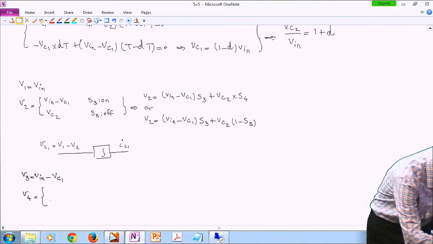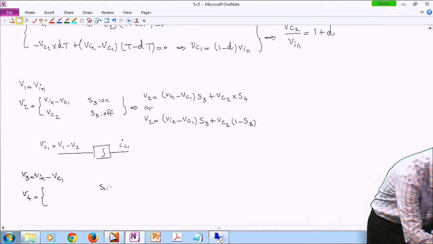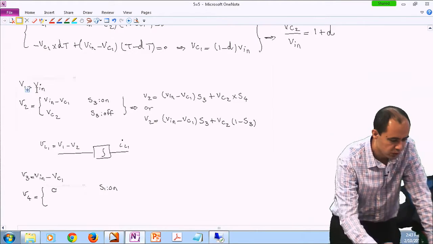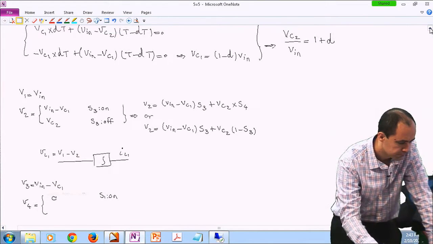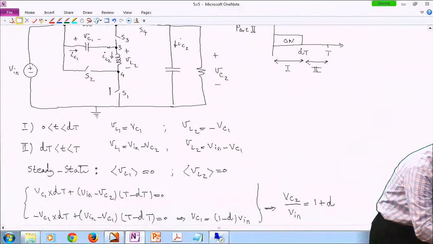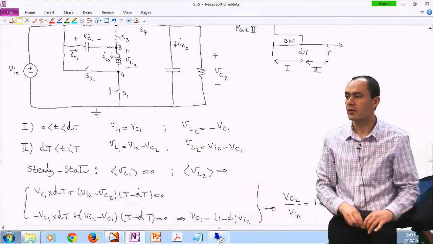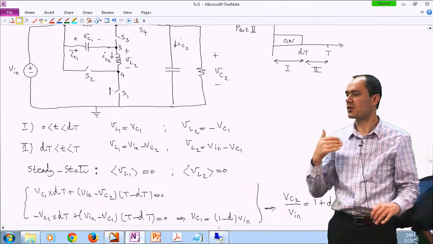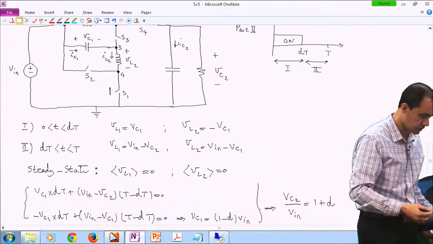Well, it depends on S1. It is 0, or grounded, when S1 is on. You can see that if this switch is on or shorted, then node 4 is actually grounded, so it's 0.